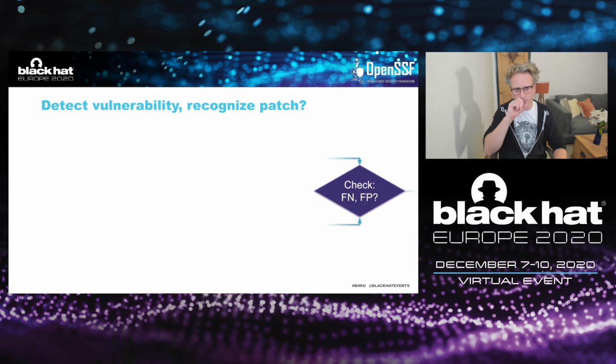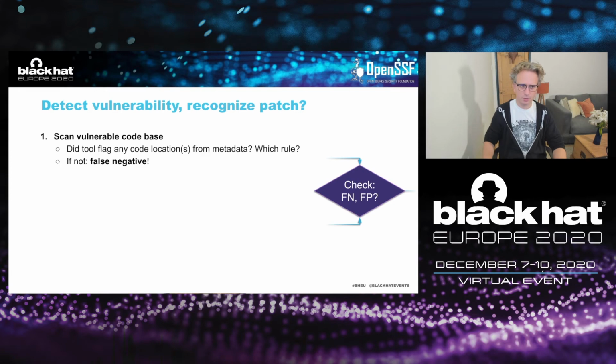But I just glossed over, how do we actually know that a tool detected a CVE, and how do we know it recognized a patch? Well, first of all, we scan the vulnerable code base, as I just explained, and then we look at the metadata for the CVE in the benchmark dataset, because we've specified for each CVE which code locations we care about.